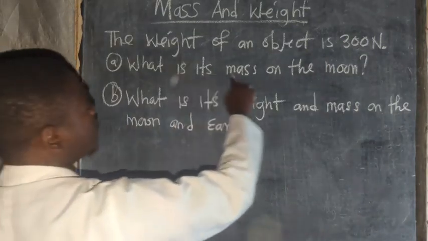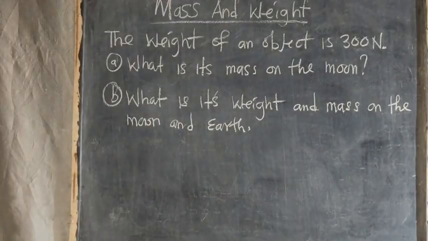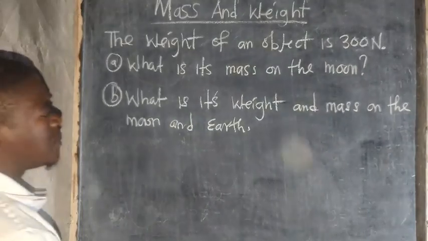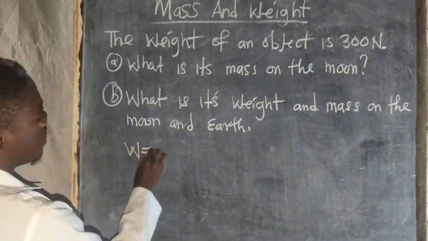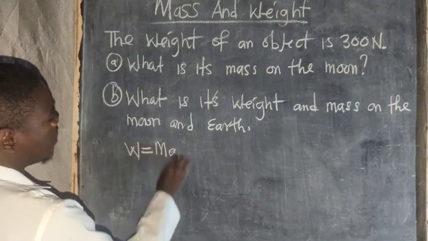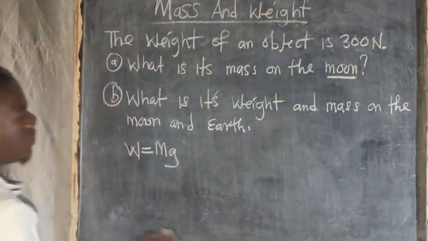What is its mass on the moon? So let us answer this together. For you to answer this particular question, you know that the formula is weight is equal to mass times gravity. They are talking about the moon, so you know the gravity on the moon.